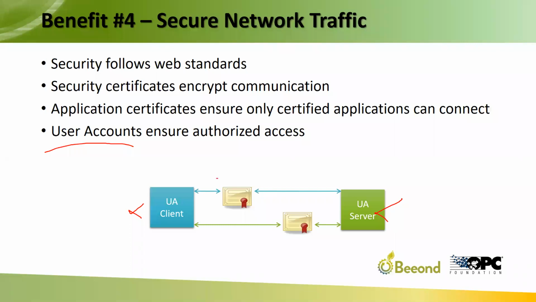And in doing that, OPC UA adopts similar strategies like X509 certificates. For those who are familiar with the .NET framework, it looks like a .NET certificate. It's not necessarily only .NET because it has to be multi-platform. But the 2 systems will certify themselves to each other.